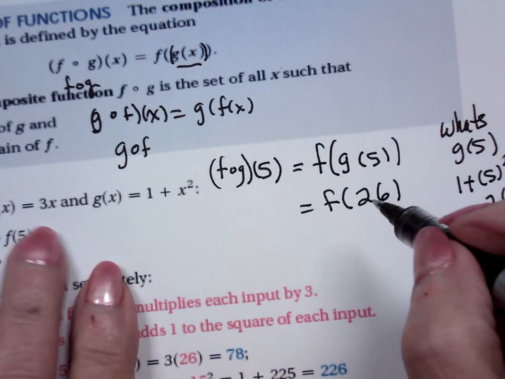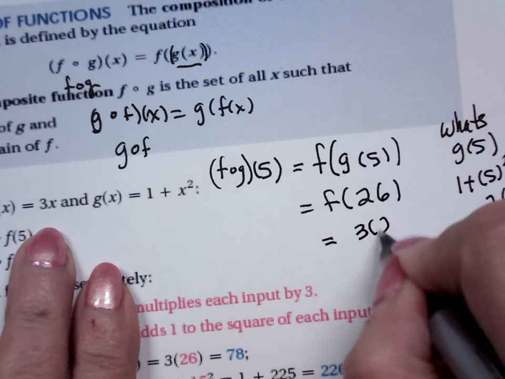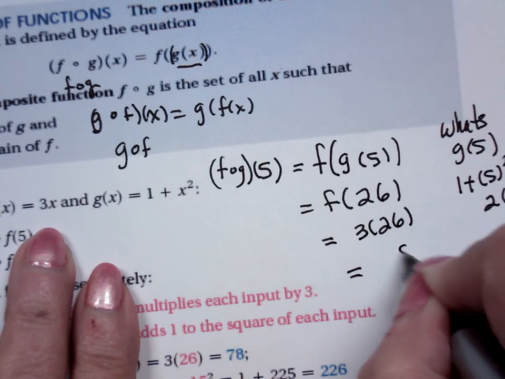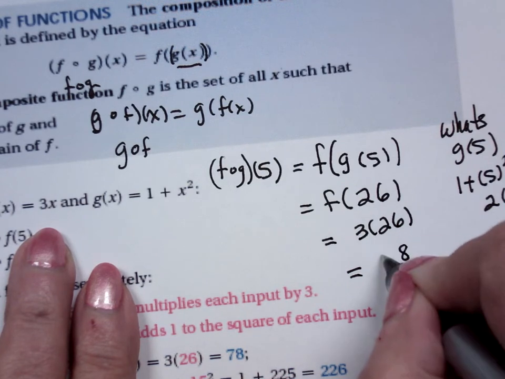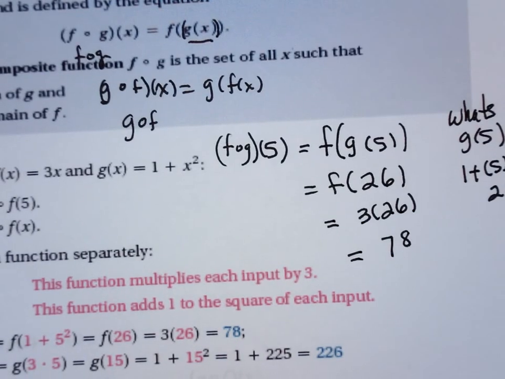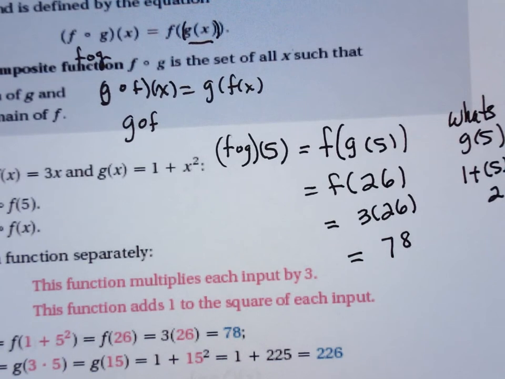Well, f of x is 3x, so this would be 3 times 26, which is 78. It says I performed g first, came up with a number, and then stuffed that number in. So why? Because it is made up of two different separate entities.